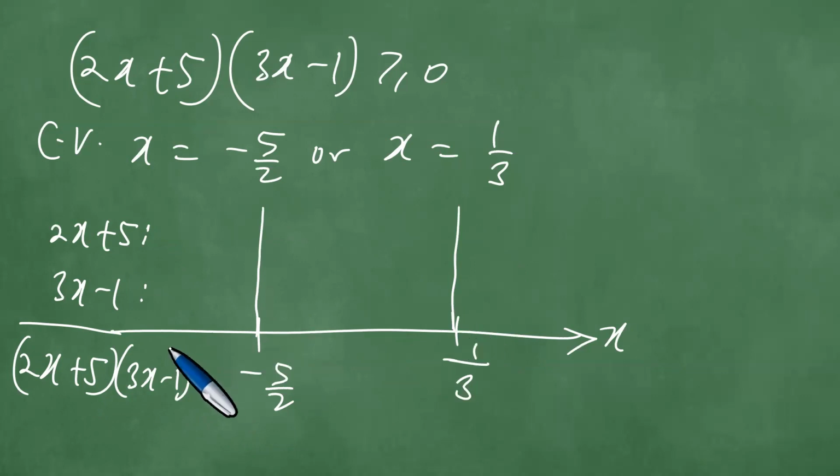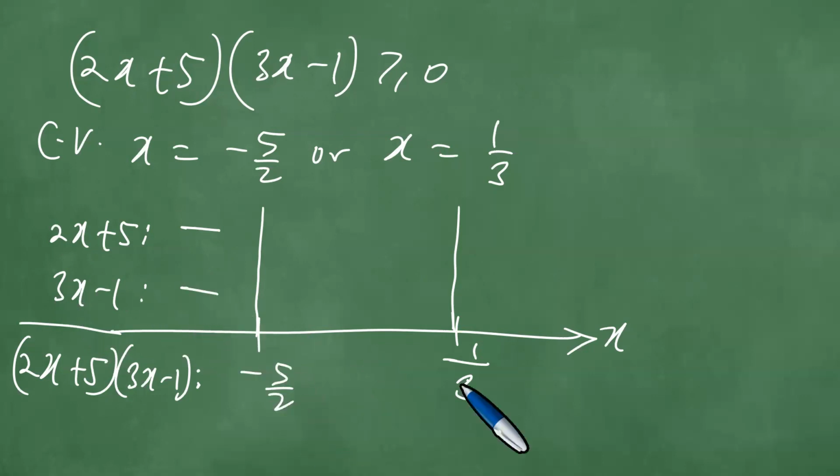So less than minus 5 over 2, any negative number, maybe minus 100. If you put it here, this is going to be negative, like minus 10. 3 by minus 10 is minus 30, minus 1 is minus 31, negative.